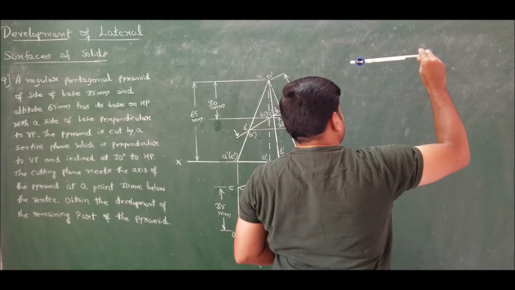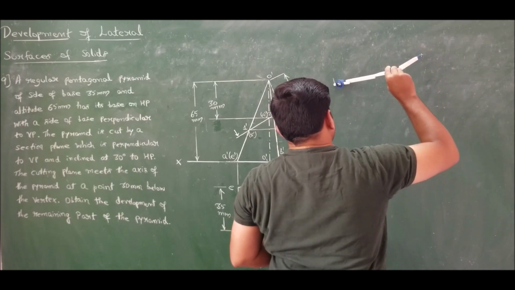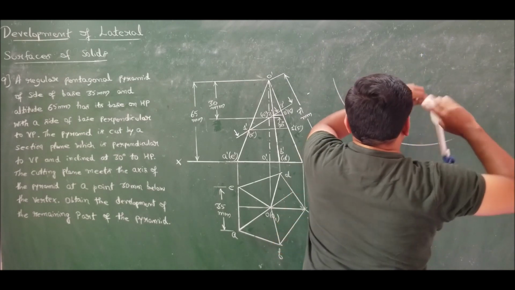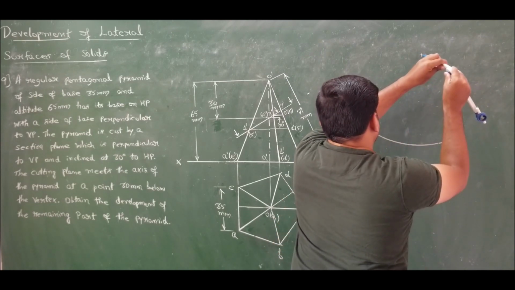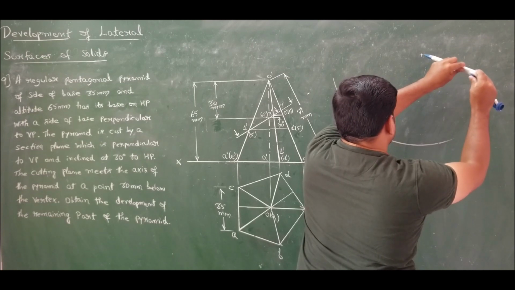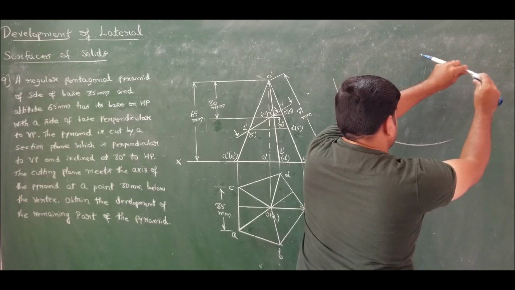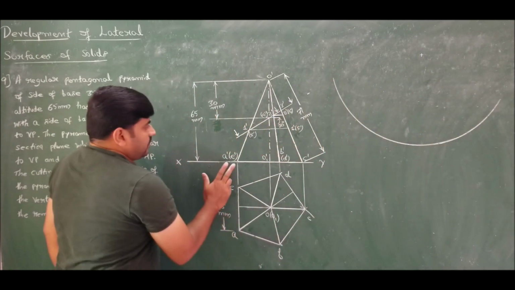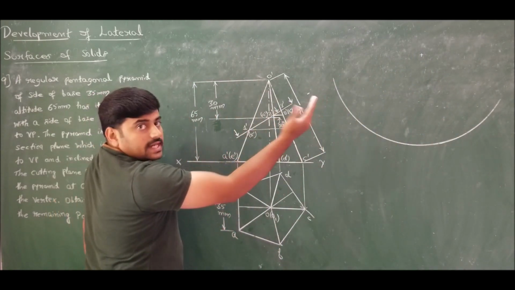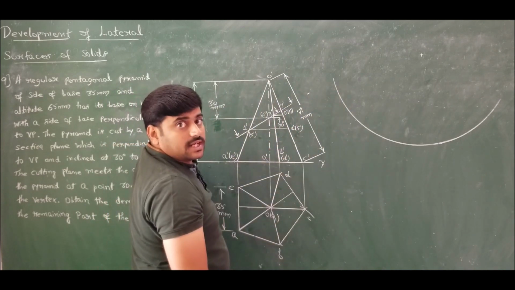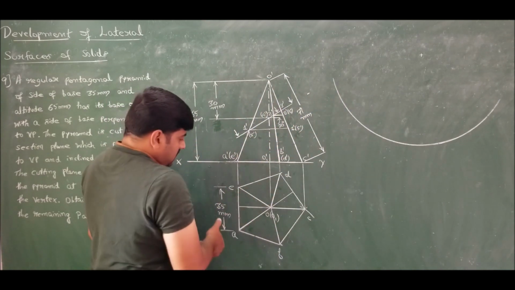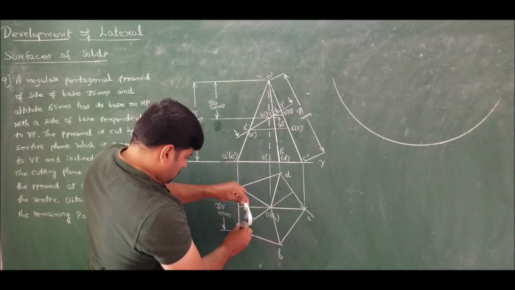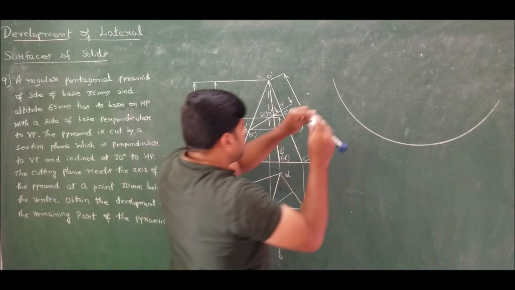This dimension is not known for us. Now if I cut it from one of the slant edges and unfold, I will get 5 triangular faces, correct? Because it's a pentagon. Each of base 35 mm. So measure the base 35 mm and transfer.